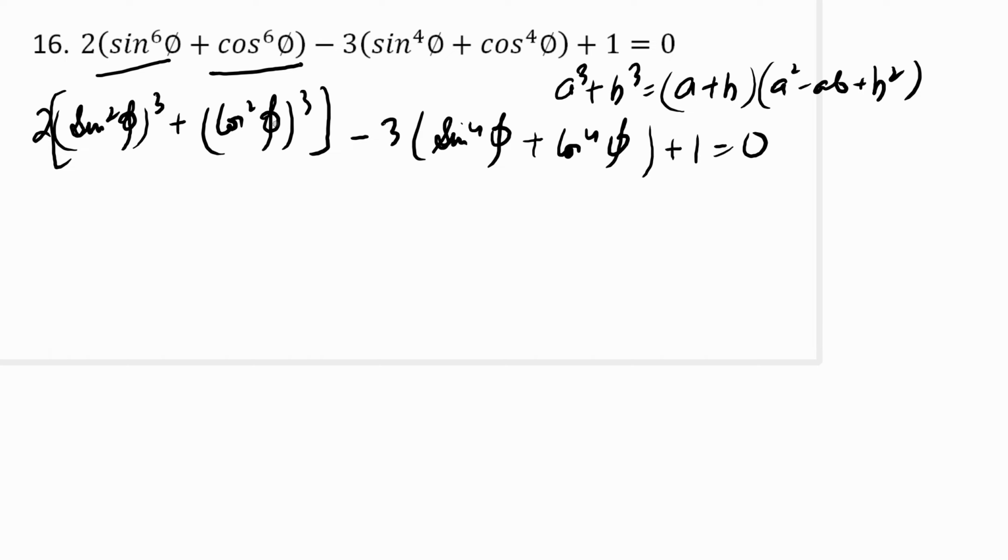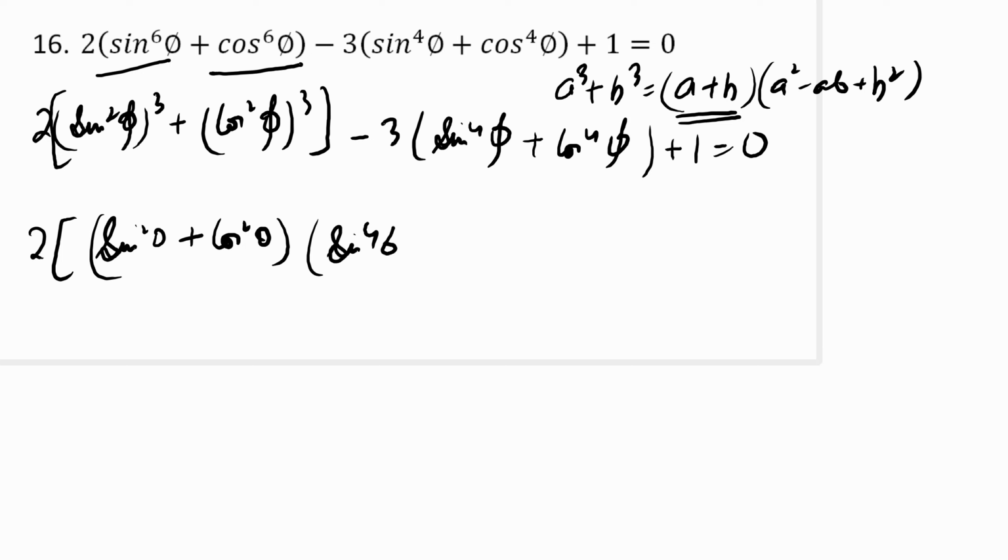Okay, so what can we write? We can write a cube plus b cube. We can write 2, sine square phi plus cos square phi. This is the a plus b, and then we will write sine 4 phi, this is a square, minus sine square phi cos square phi, this is minus ab, plus cos 4 phi.